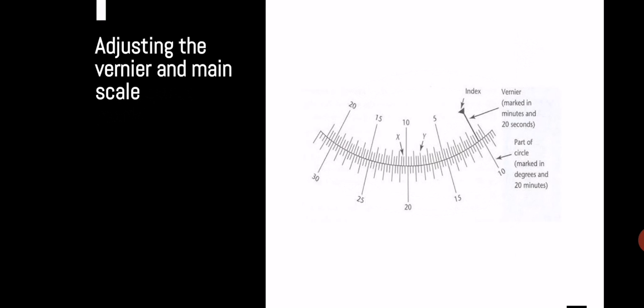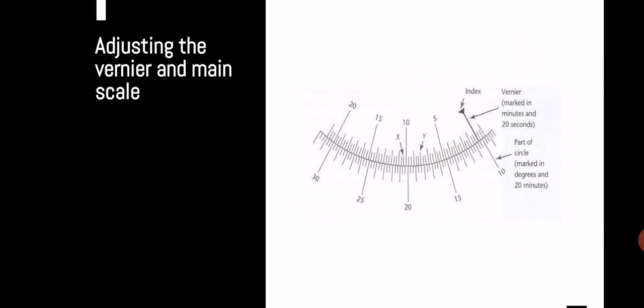After that, we have to do the adjustment in the vernier and main scale. We have to keep in mind that before starting the survey, the vernier scale should be properly aligned with the main scale.